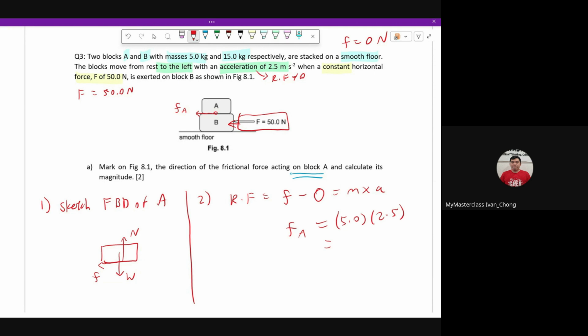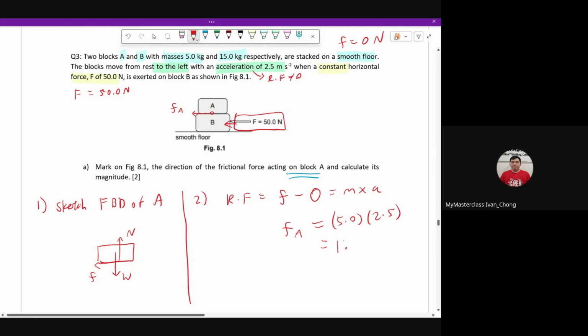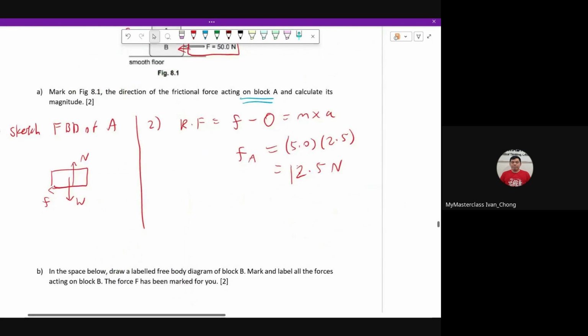So all you need to do is press your numbers, and you'll solve that this is 12.5 newtons. Then if your school is being particularly strict, you need to change it to 30 newtons to SF, but only for very, very strict schools. Most of the time, you can just write this.